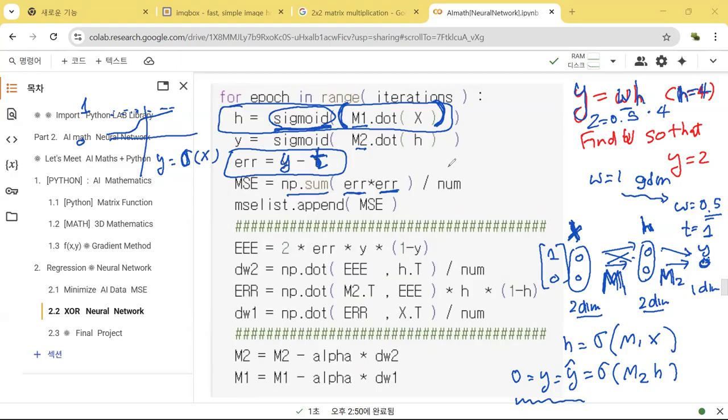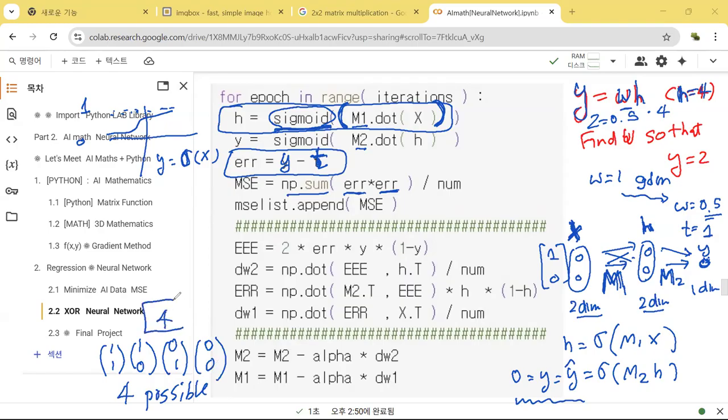In the XOR neural network, there are 4 types of input vector, because of true-true, true-false, false-true, and false-false. So the number is 4: there are 4 types of input vector, or 4 true values. Then, for the current matrices M1 and M2, you can calculate the mean squared error by this kind of calculation.